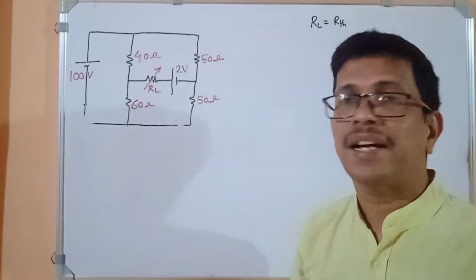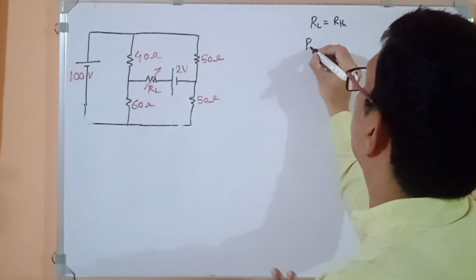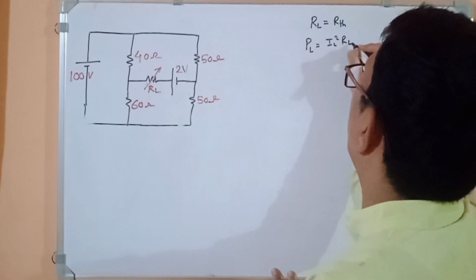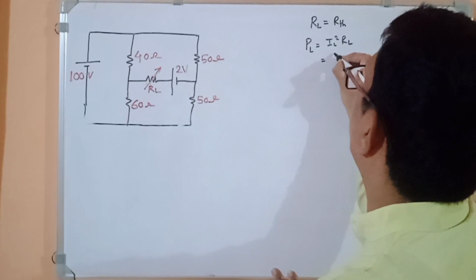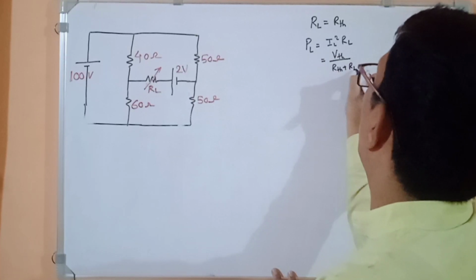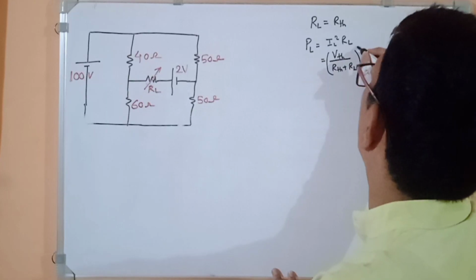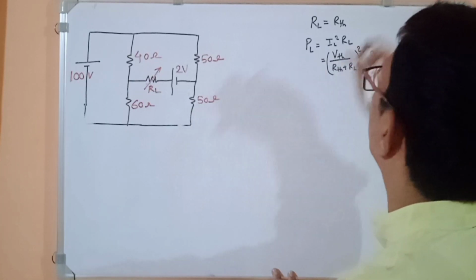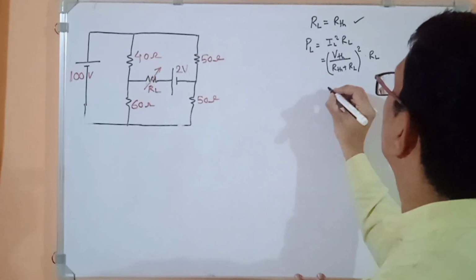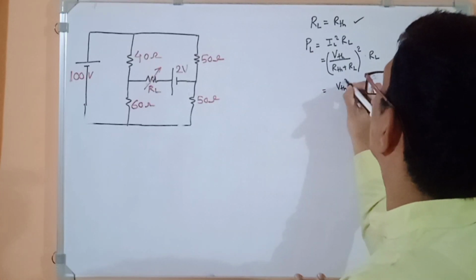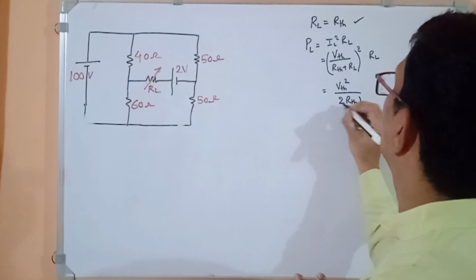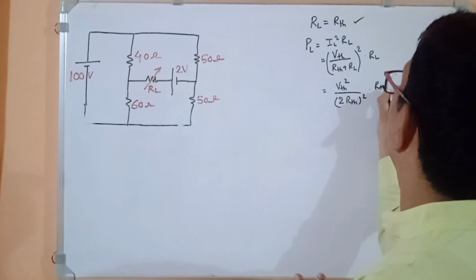Then what will be the P max? See, the formula for PL we have written as IL square RL. So IL is VTH divided by RTH plus RL, whole square, into RL. Now as per this condition we substitute RL as RTH. So this becomes VTH square upon 2 times RTH whole square, into RTH.